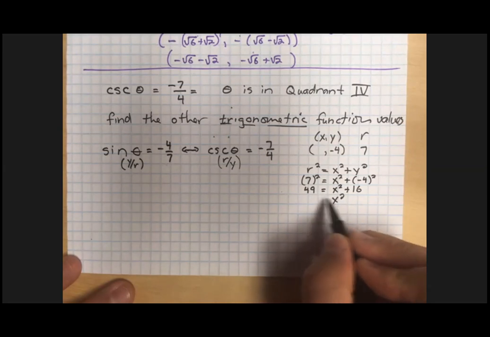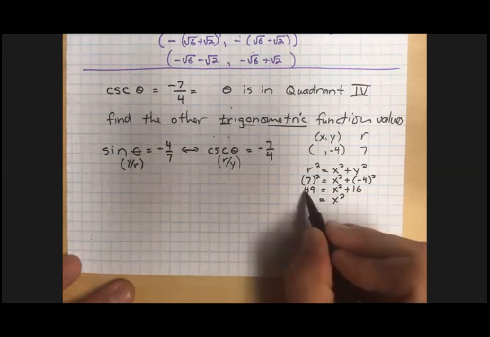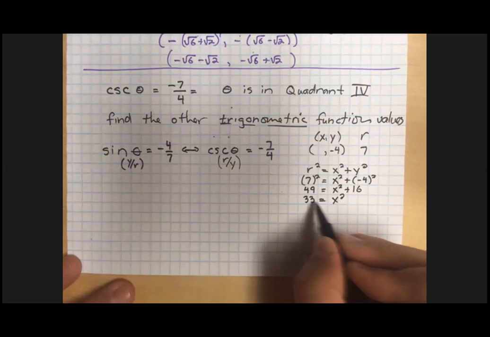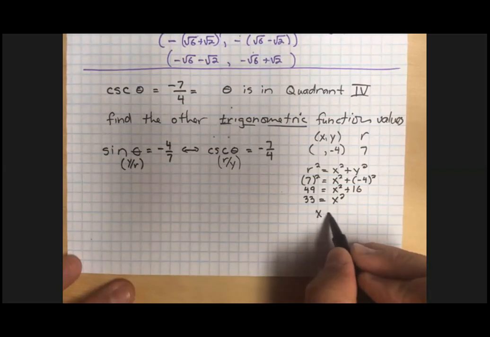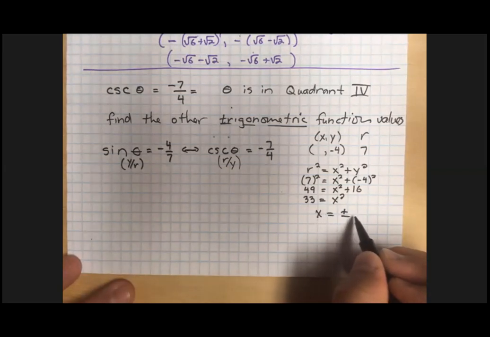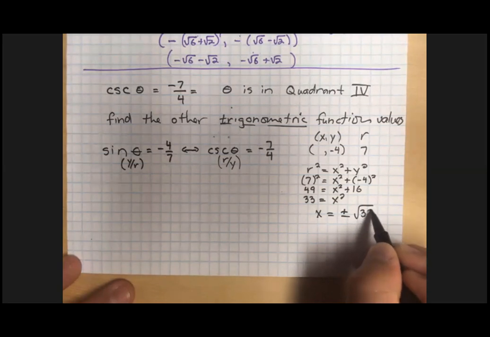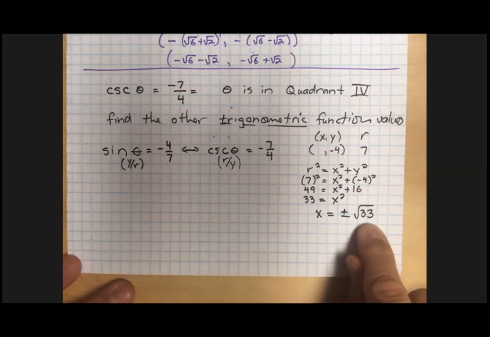That means x squared is 49 minus 16, 33. That means x is plus or minus the square root of 33. And there's no perfect squares inside 33, so I'm just going to have to eat it. Square root of 36 is 6. I know this number is close to 6, but I'm not worried about approximating right now.